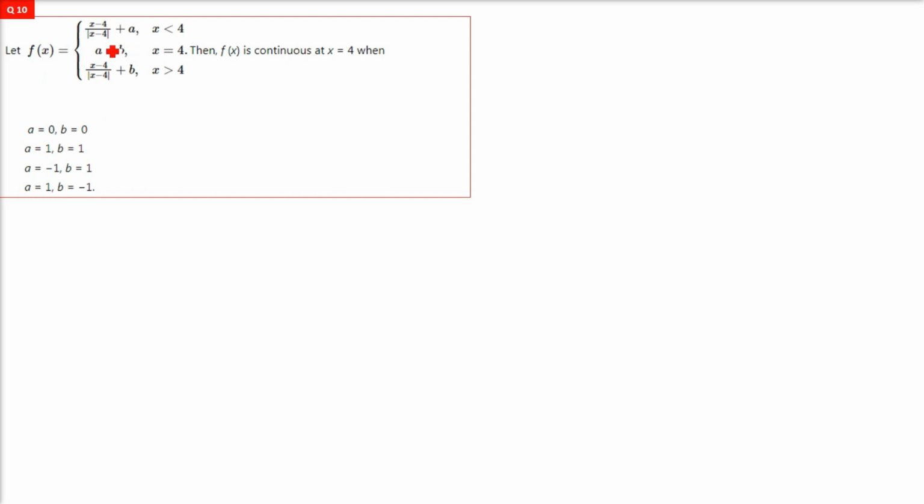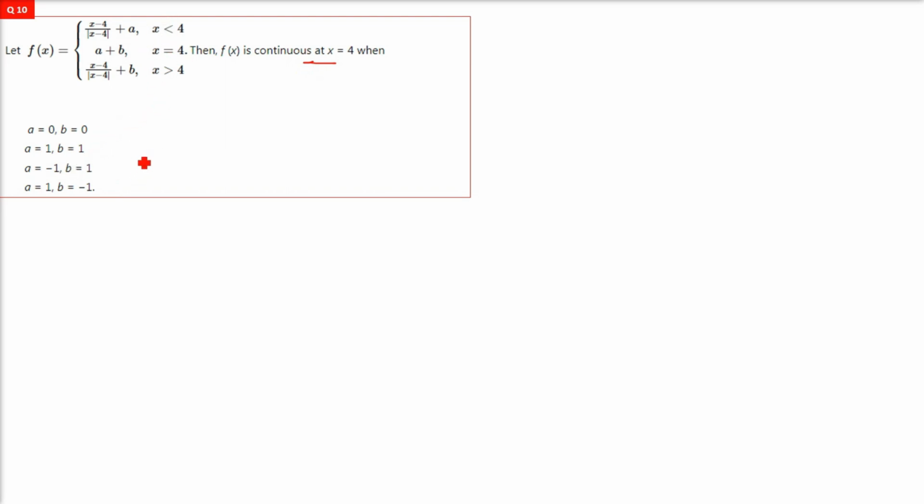f(x) is (x minus 4) divided by mod of (x minus 4) plus a when x is less than 4, similarly when x is greater than 4, the same term with b, and a plus b when x is equal to 4. Then f(x) is continuous at x equals 4. So we have to find out the values of a and b.